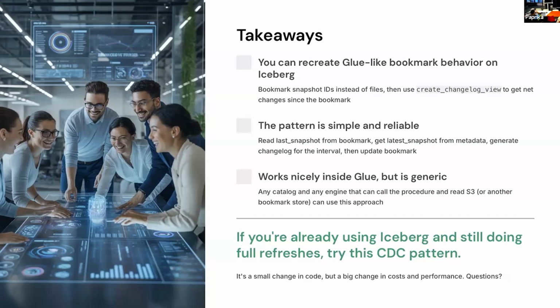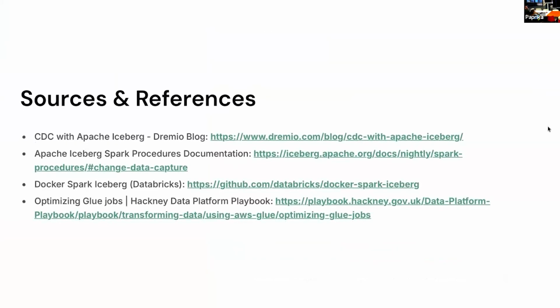The pattern is quite simple and it works inside Glue, but I would also consider it generic enough for any other execution environment. Yeah, so this would be it from my side. I've included some of the sources I have used. These are really good articles. Some of them really go into the trenches when it comes to Spark streaming as well. So I recommend you check it out.